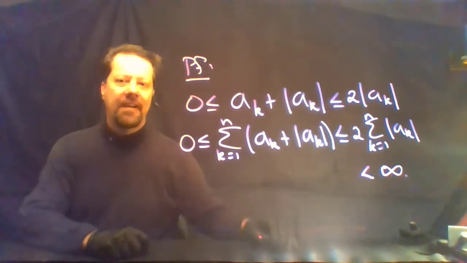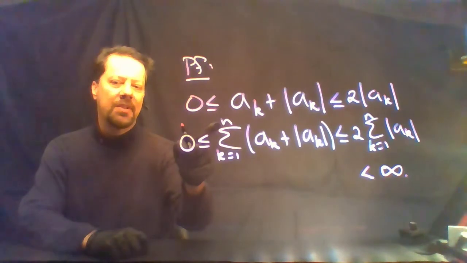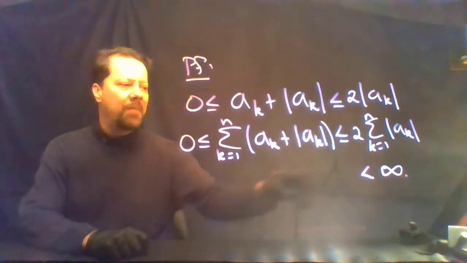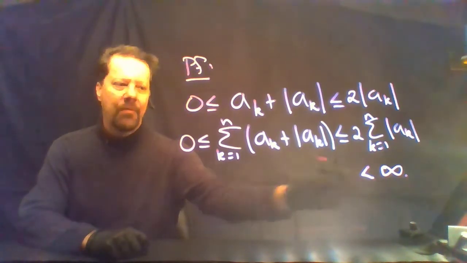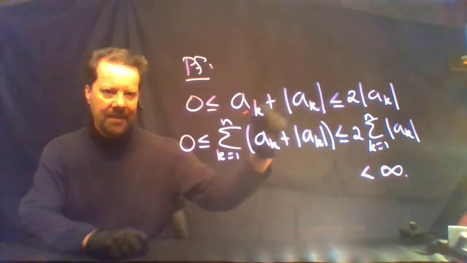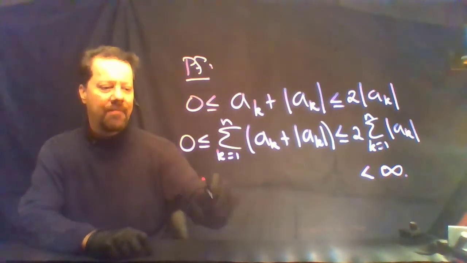You get some finite value. Since this is a series having positive terms, the partial sums must get bigger and bigger, but they have to be bounded, which means that this series of partial sums is monotone and bounded and therefore converges.